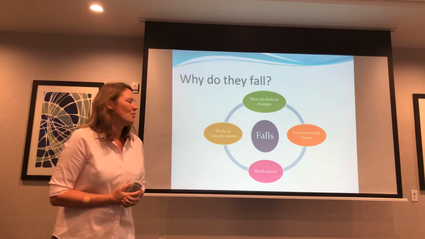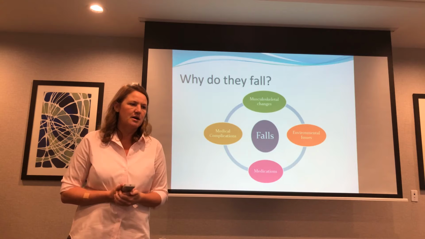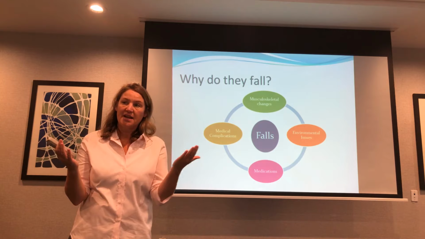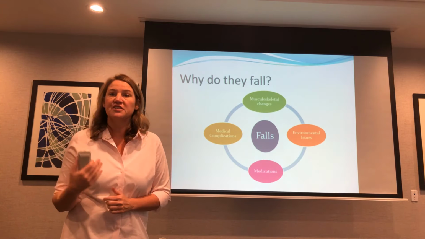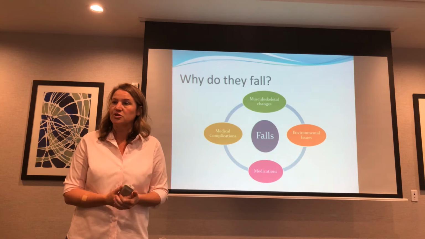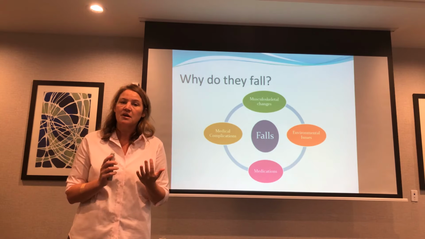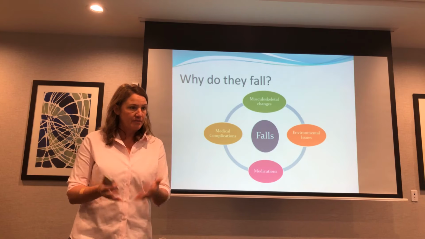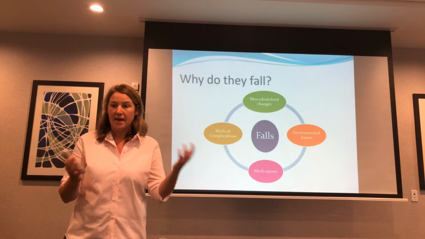So when you think about all the reasons people may fall and all the deficits they may have, we could break it down broadly into intrinsic and extrinsic. You'll see that a lot. Intrinsic are things within their body: their vision is impaired, their range of motion is impaired, their strength is reduced. Extrinsic would be the medications they take, the world around them, their home or the environment they're in, if they're in a hospital or a skilled nursing facility, that type of environment.